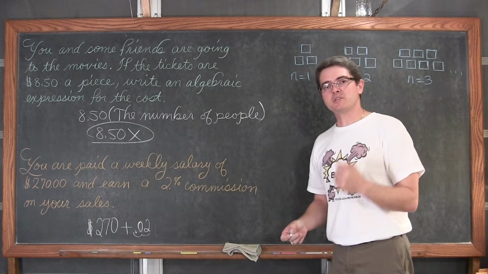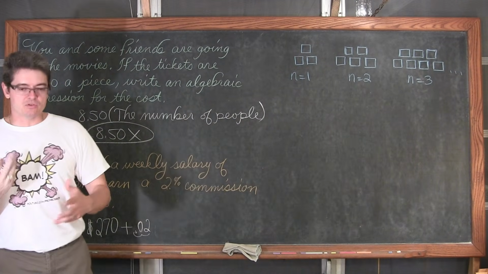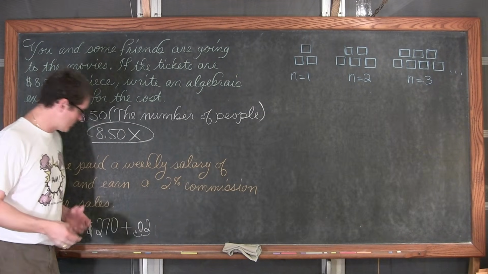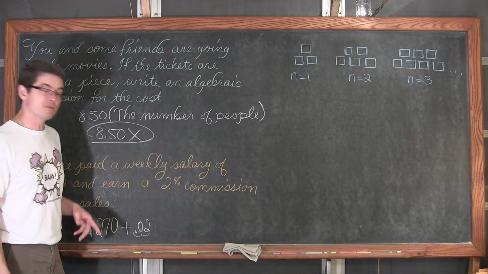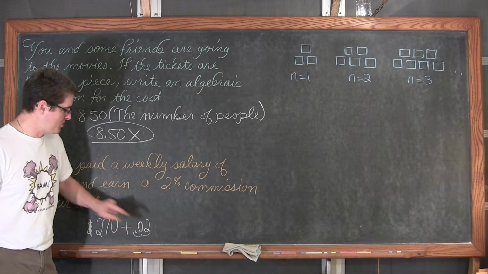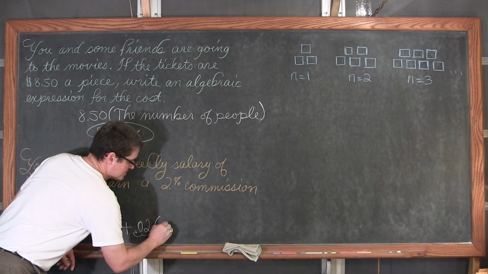So to find a percent of something, like your 2% commission, it's going to be multiplication. Your salary every week is going to be the $270 you get for just showing up for work. Of course, if you never sell anything, you probably get fired. But you get that plus your 2% times the amount of sales.